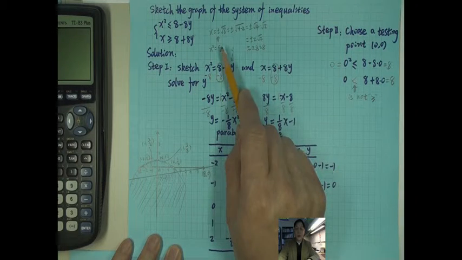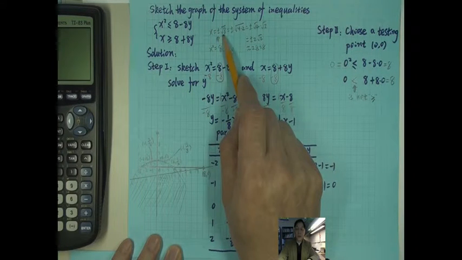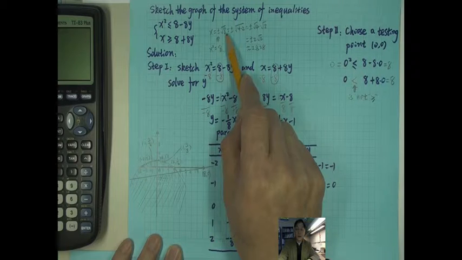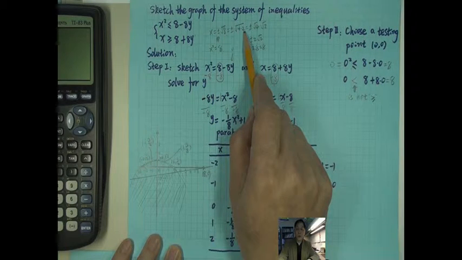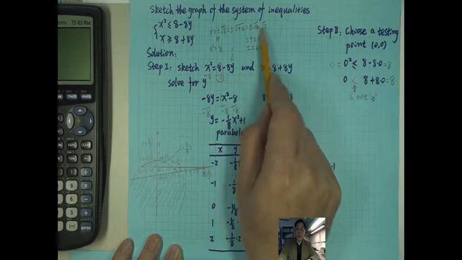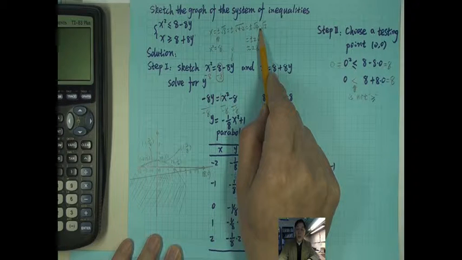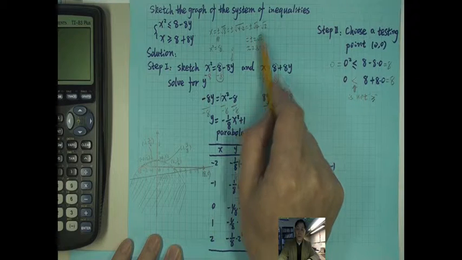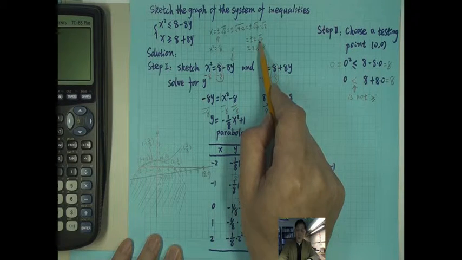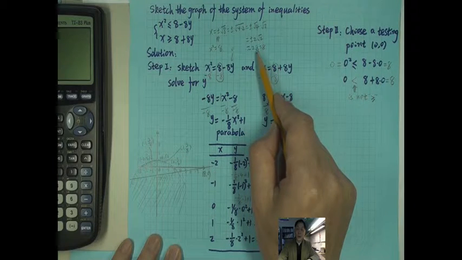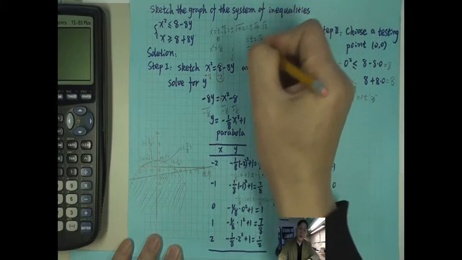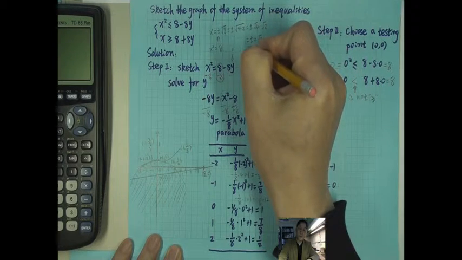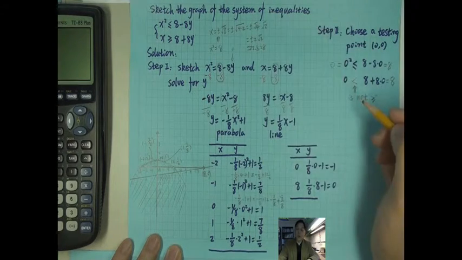X squared is 8, x is positive or negative radical 8. 8 is 4 times 2, and radical 4 times radical 2 is radical 8. Radical 4 is 2, radical 2 is still radical 2. So 2 times radical 2 is 2.828. Again, here it has a positive negative sign.